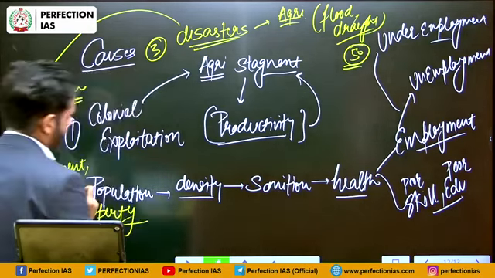Apart from that, there are a lot of other factors. For example, gender equality. So far we have covered how many factors? 3. So number 4 is gender-based discrimination.